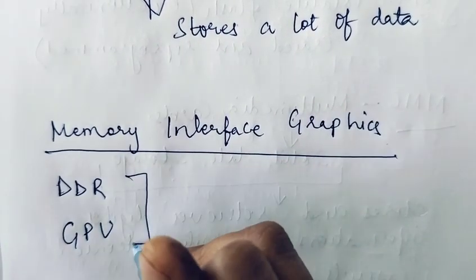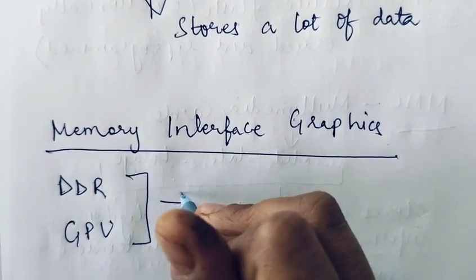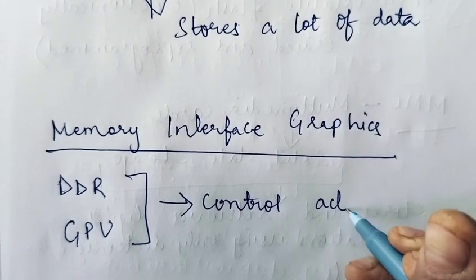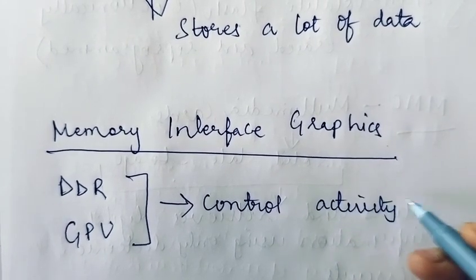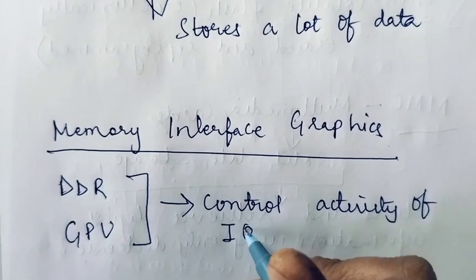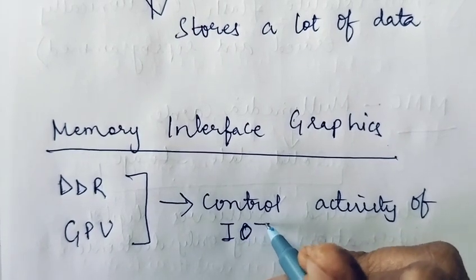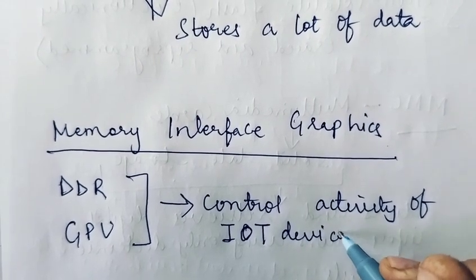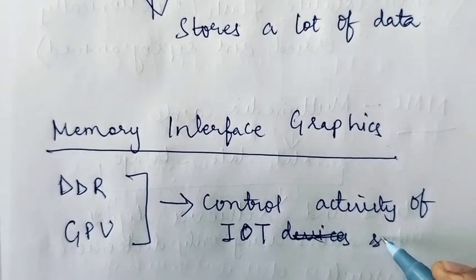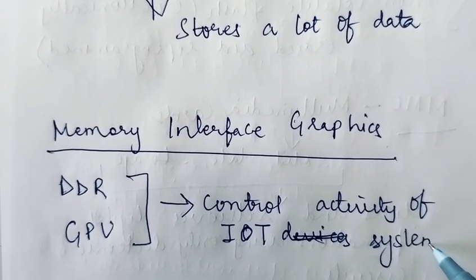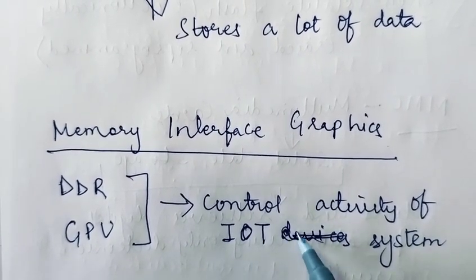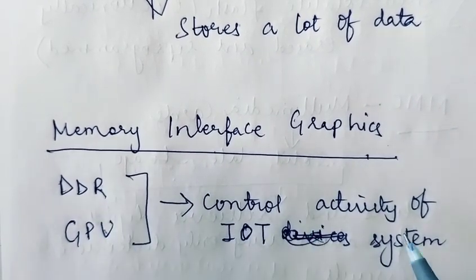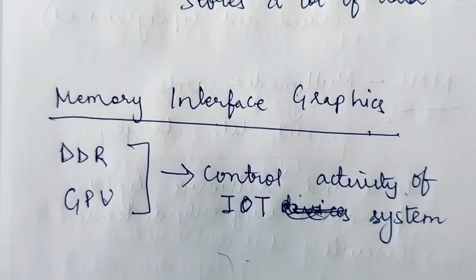First of all, both of them are used to control the activities of any IoT device. The DDR and the GPU are used to control the activity of IoT devices or an IoT system in general. More than devices, an IoT system in general. So these memory interface graphics, which include the DDR and GPU, control the activity of the IoT system.